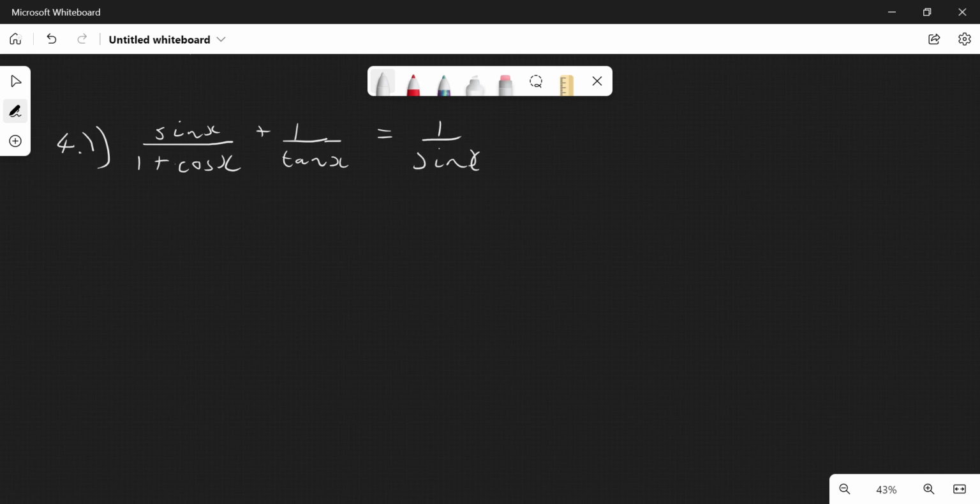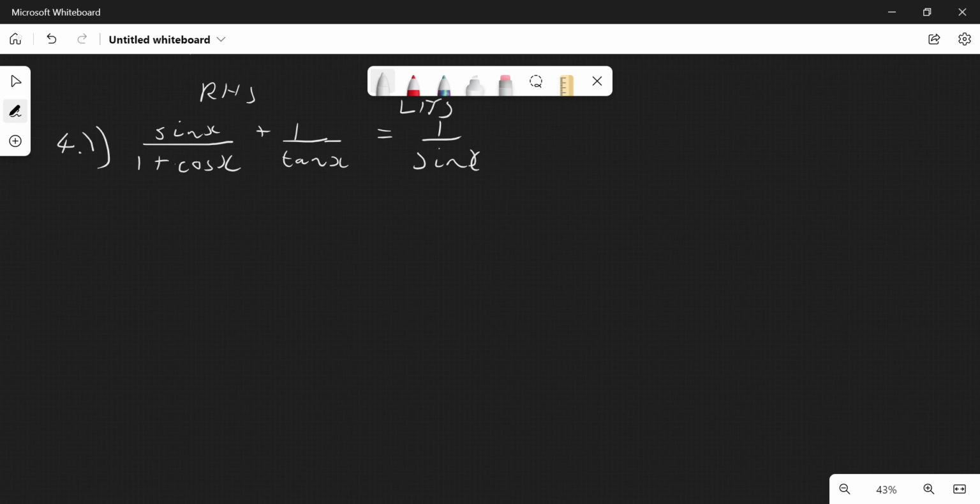So we have our right hand side and our left hand side. The goal with these, since we're working with trig identities, is that they're telling us to prove that this side is equal to this side.